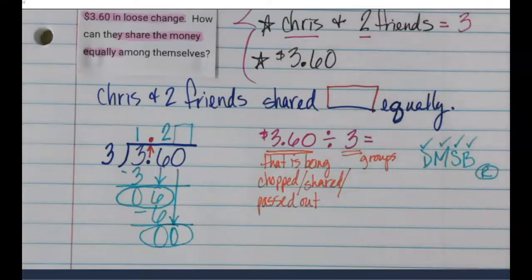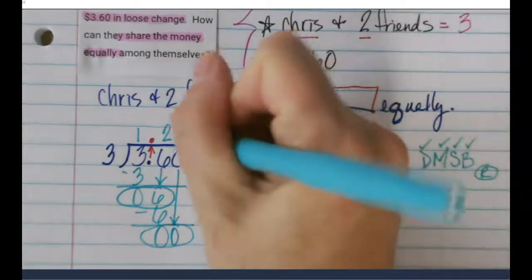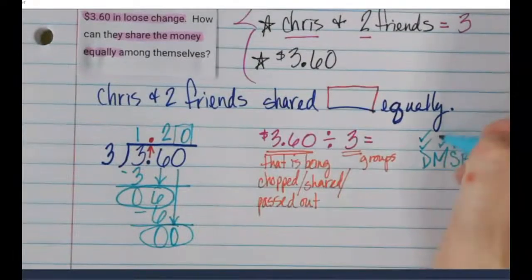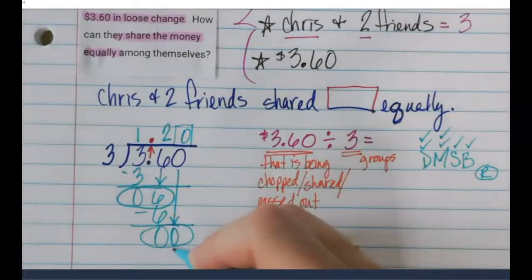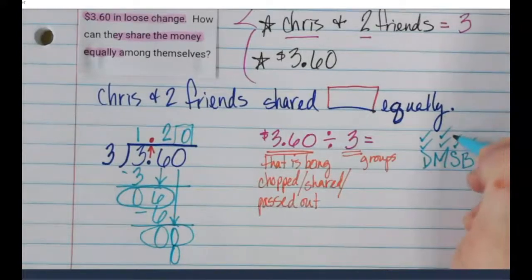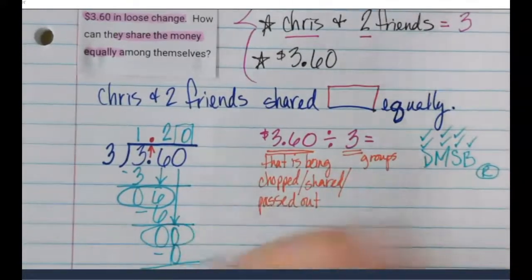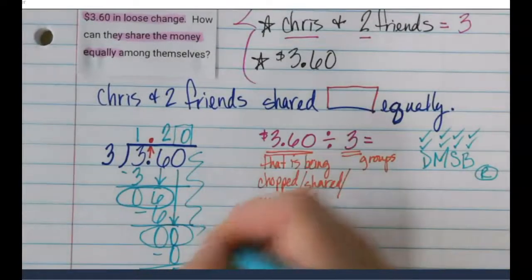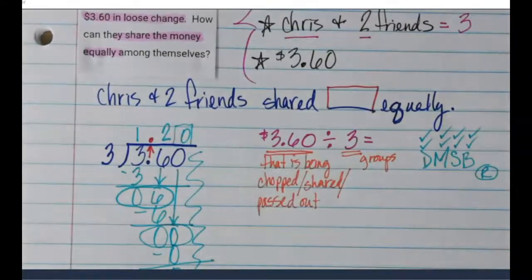How many does each person get? 0. That's my division. What's my next step? Multiply. 0 times 3? Next step. 0 minus 0 is? 0. Next step. Bring down. There's nothing to bring down. So what is my final answer? Raise your hand, Jesus.